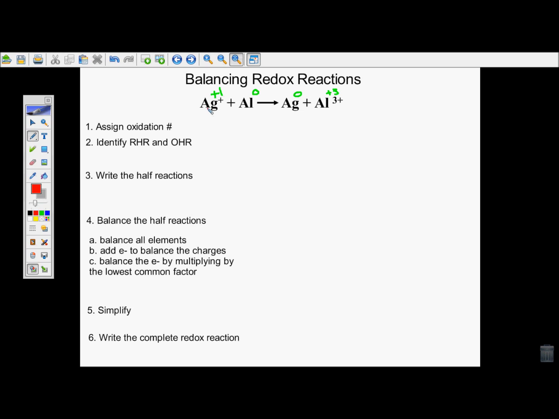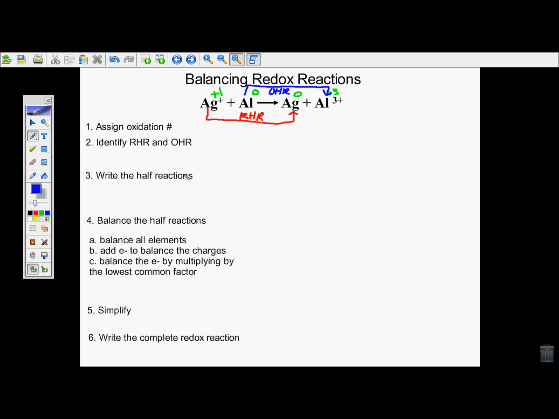So we say that it is being reduced. So the silver part is our reduction half reaction. Now that means that our aluminum, which is going from 0 up to +3, is being oxidized. So that is an oxidation half reaction. Okay, so that's step 2.